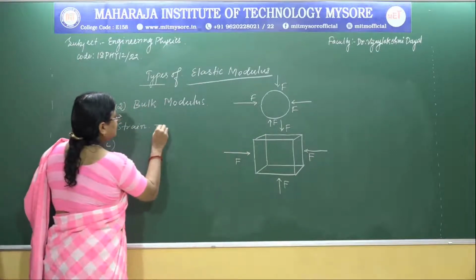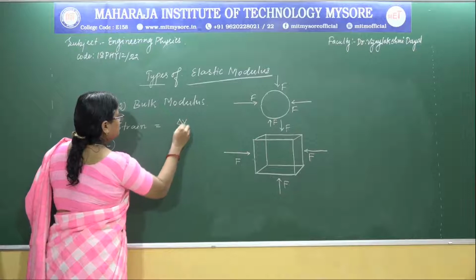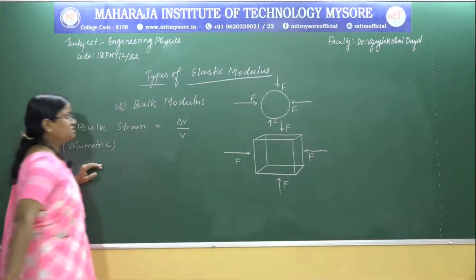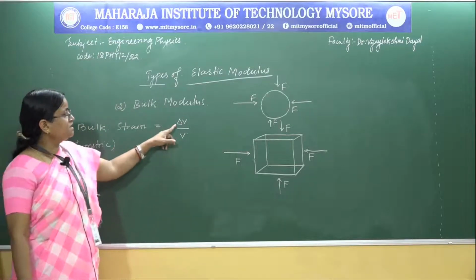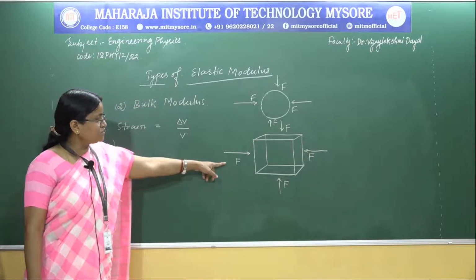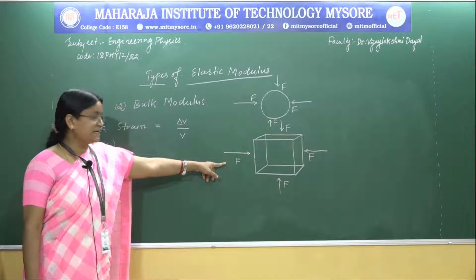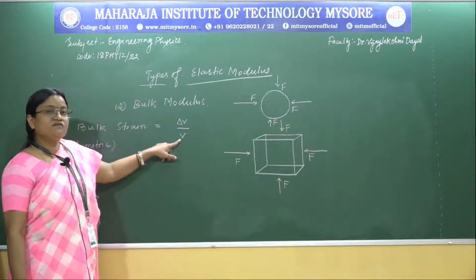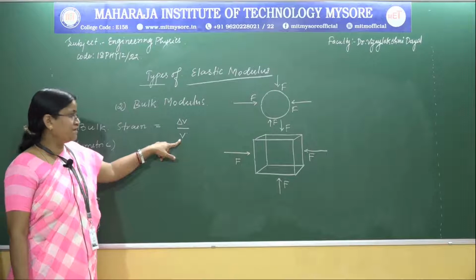We write it as change in volume by the original volume. Here the change in volume is delta V, by applying the force normally and equally from all directions, and the original volume of the body is V.